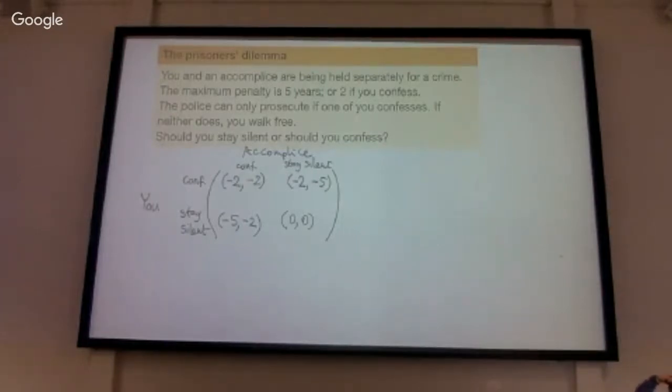I didn't think it through quite carefully. Okay, is there a Nash equilibrium?